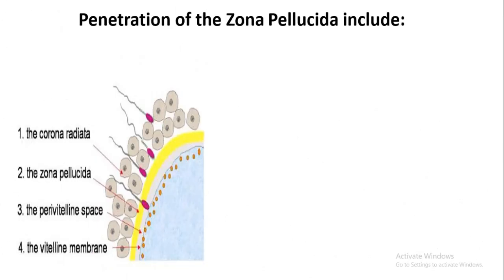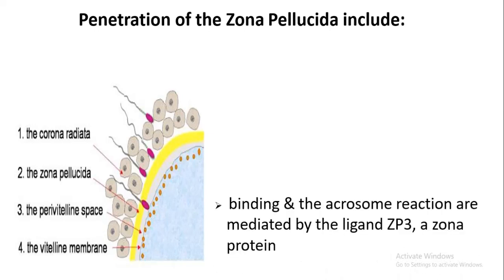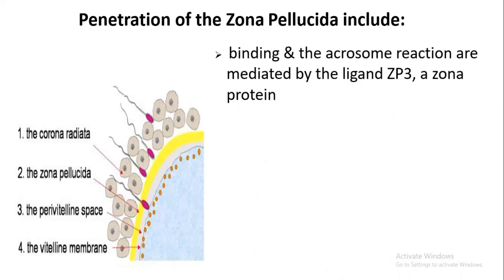So let me quickly look at one of the important contents that we need to look at. The acrosomal reaction and the binding. Remember what I said: capacitation has taken place. The glycoprotein coat has been removed from the sperm.